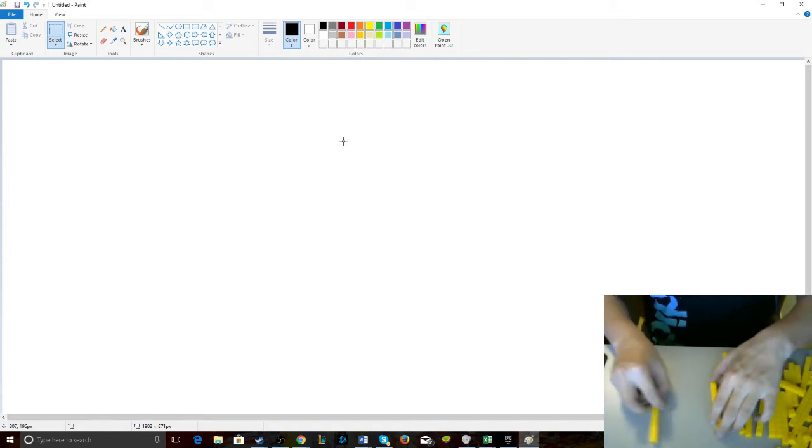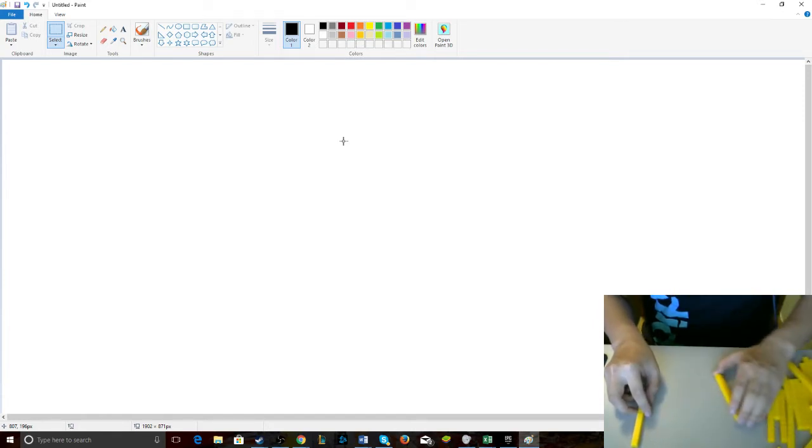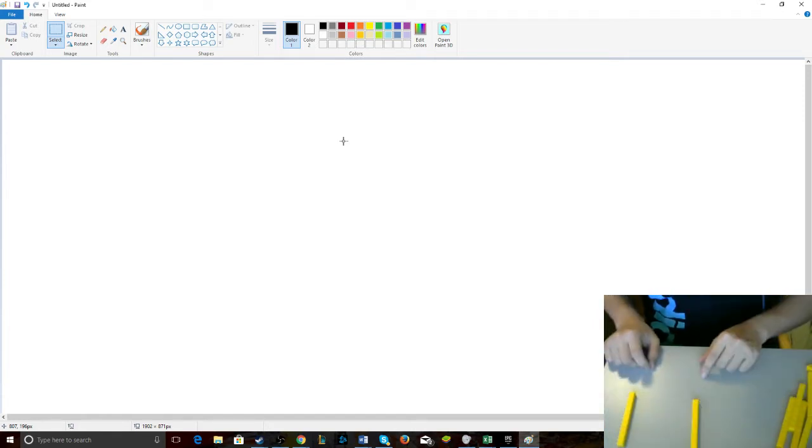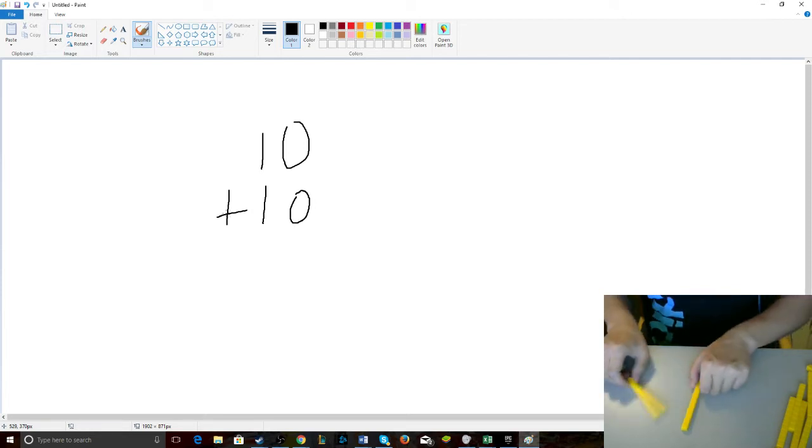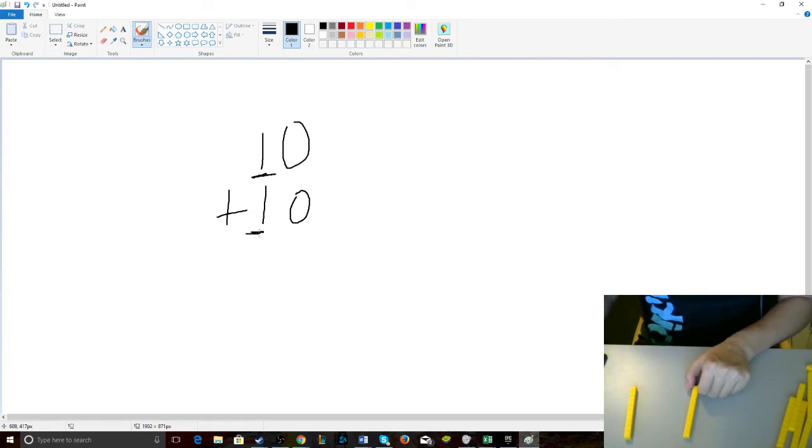So if I'm adding this block to this block, this would be adding a 10 to a 10, because each of these is worth 10, and our resulting number would have a 2 in the tens place and a 0 in the ones place.